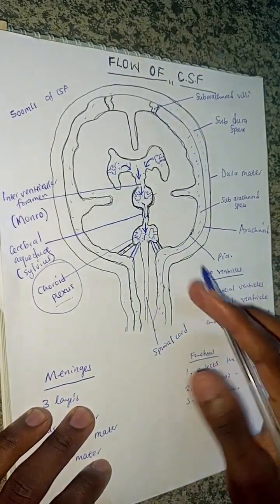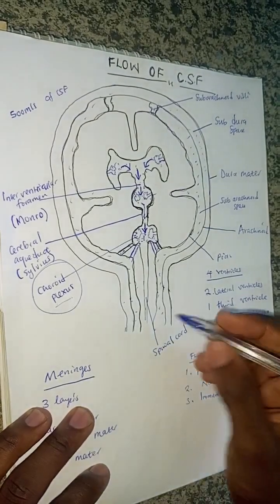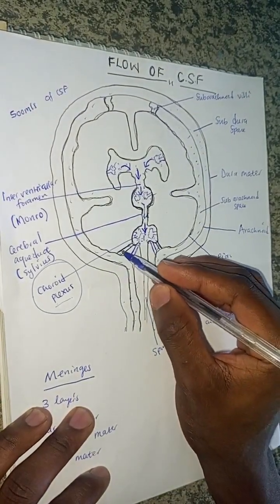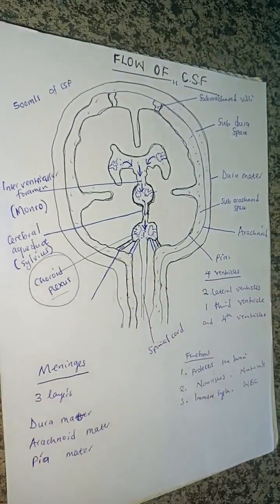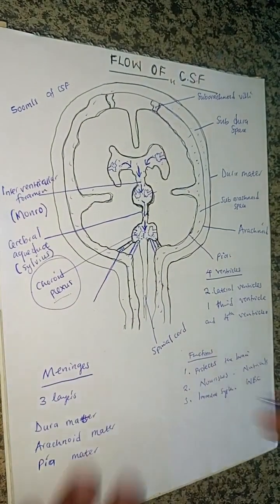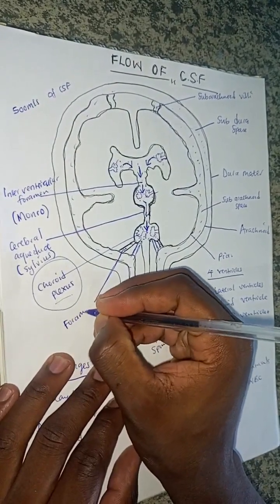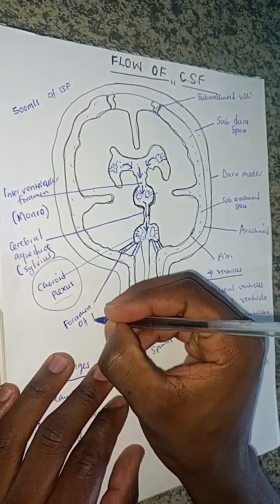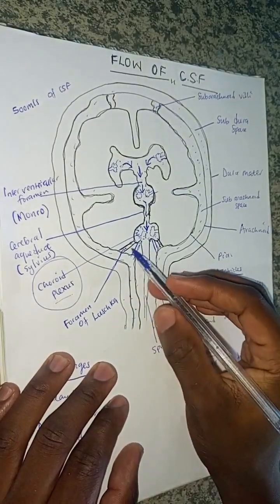So what do we call these two ducts? The ducts which are found on the lateral sides, we call them foramen of Luschka.